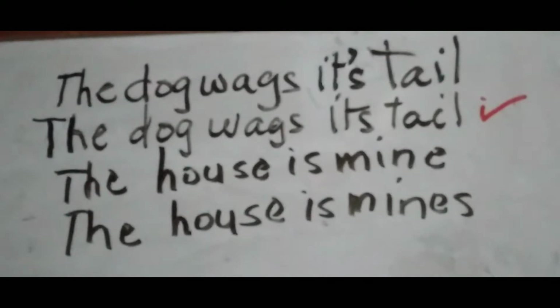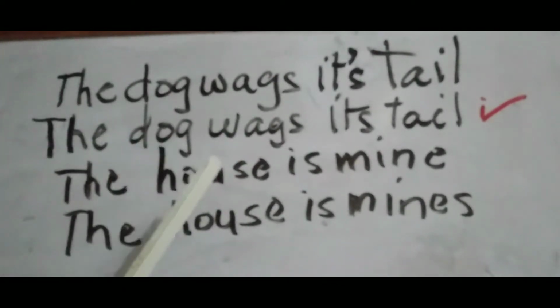All right, this is another common one. It says the house is mine, and you have the house is mine. Very often I hear people speak like this, which is incorrect grammar. You don't say the house is mine. You could say it another way. You could say this is my house, or you could say this house is mine.